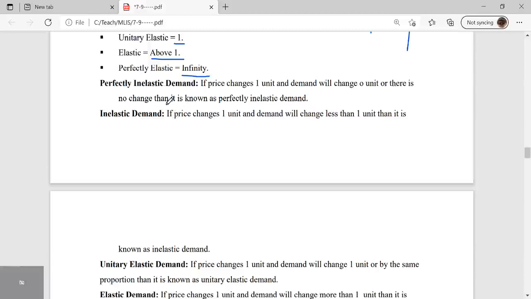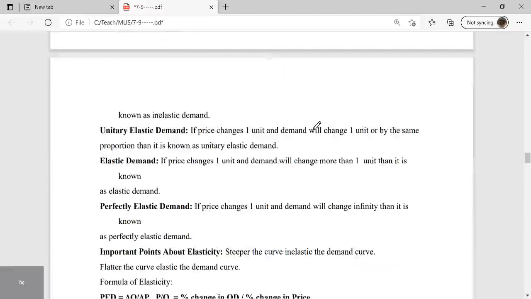And for inelastic demand, if price changes by 1 unit, demand will change by less than 1 unit. And for unitary elastic, if price changes by 1 unit, the demand will also change by 1 unit. Okay, so it's the same proportion.